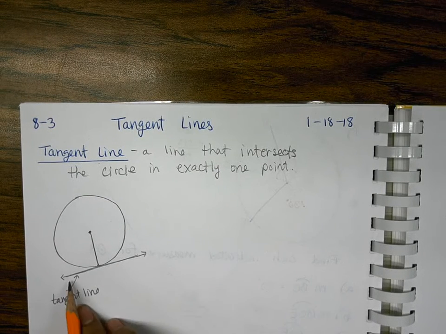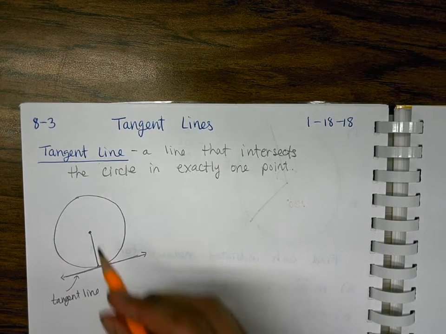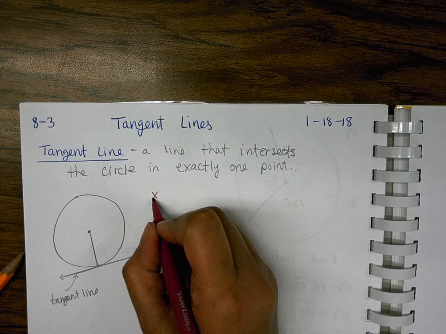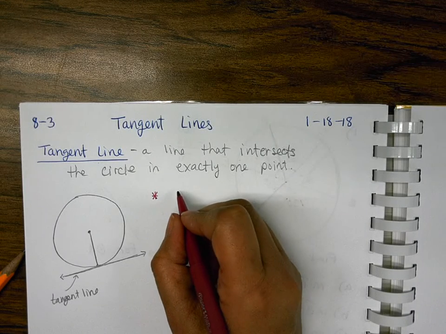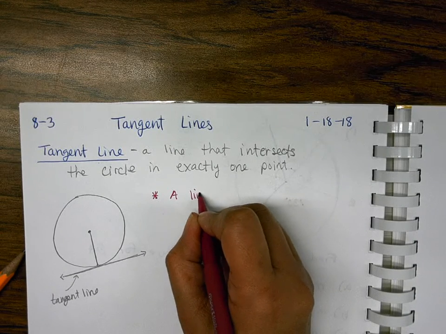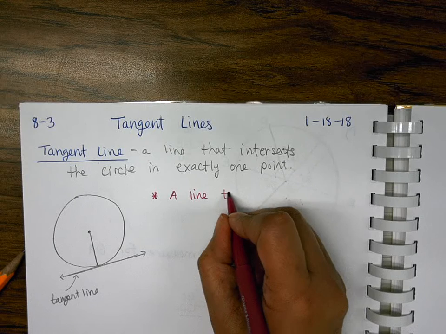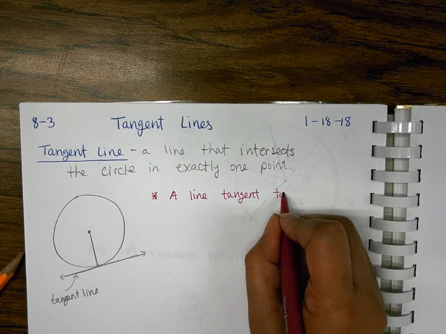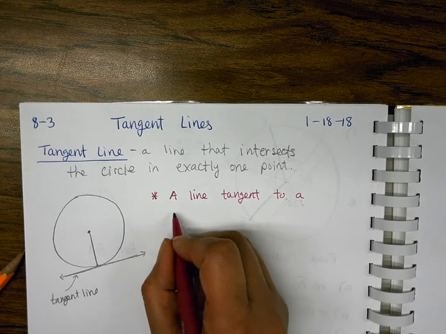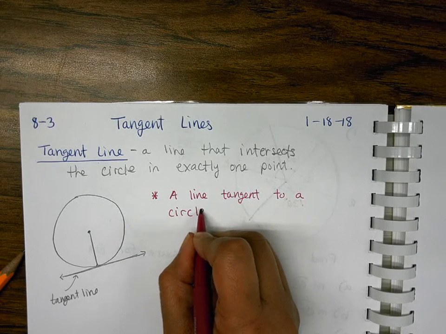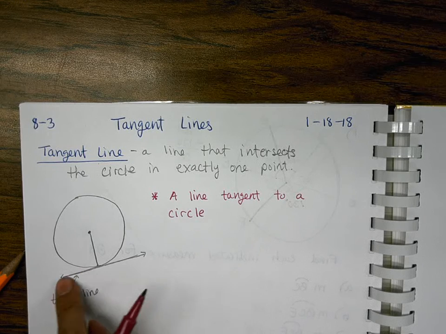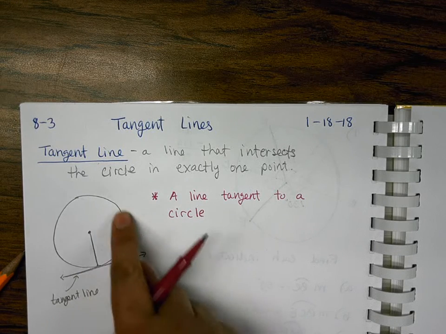Okay, tangent line. Now, the reason I drew the radius is this is a special property that you will need to know for today's assignment. I'm going to write it down here. A line tangent to a circle. This is a line here that is tangent to the circle.